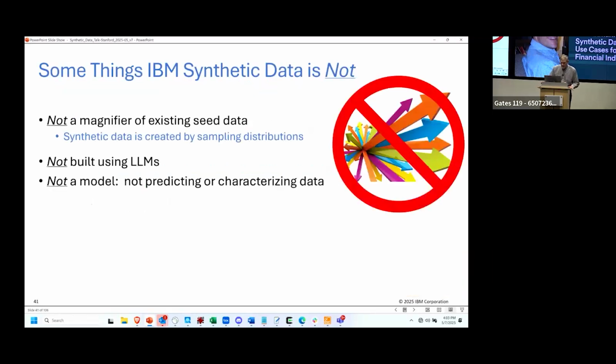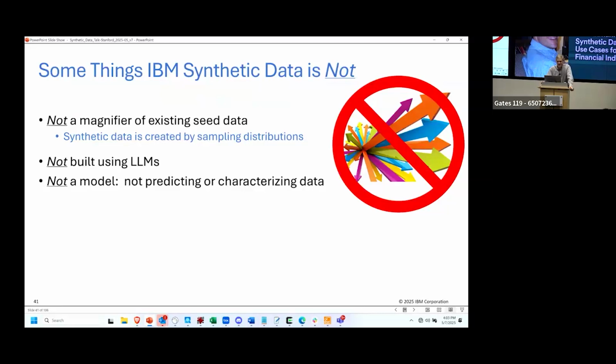So to wrap up here, I hope I'm not beating a dead horse, but I'll emphasize a few things that we're not, because it's caused confusion before. We're not a magnifier of existing data. We sample distributions to create our data, which is individuals, and then the side effects of simulating them are things like transactions.